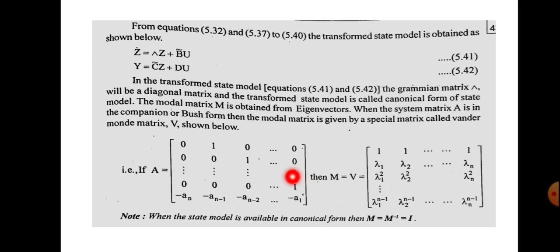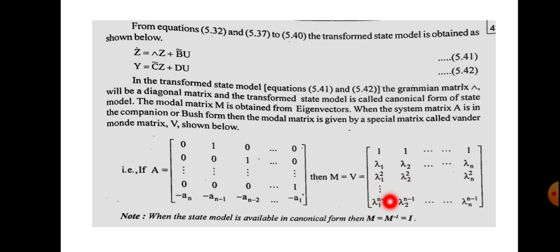And when you have got different eigenvalues by using the characteristic equation, then the model matrix obtained from those eigenvalues will be represented in this manner. See, 1 1 1, and then you put lambda 1, lambda 2, lambda n. In the next row it is lambda 1 square, lambda 2 square, lambda n square.